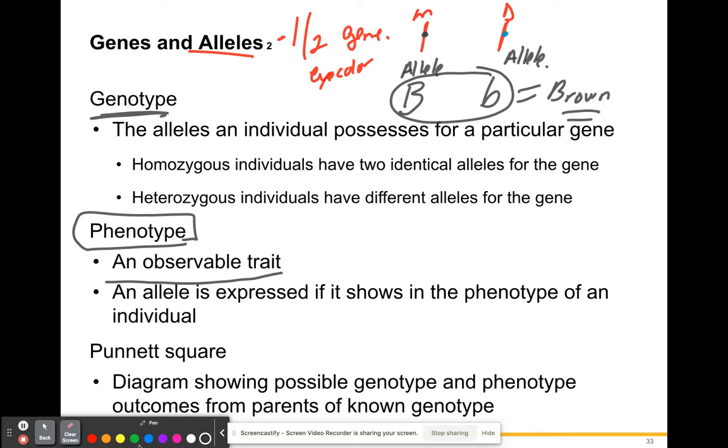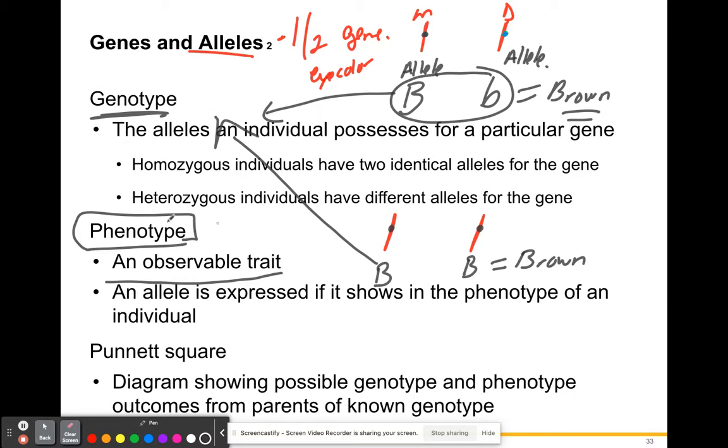What if there was another person and their mom and their dad, let's say mom gave them a brown-eyed allele and dad gave them a brown-eyed allele. This person would have capital B, capital B for brown, which results in, again, brown eyes. Therefore, their genotype is capital B, capital B, or brown, brown, and this person's genotype would be capital B, lowercase b, or brown, blue.